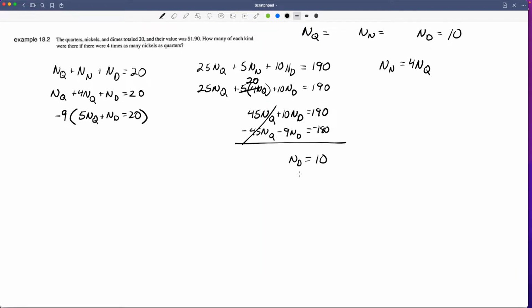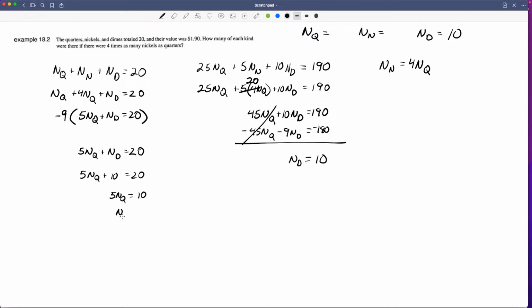So now I'm going to see if I can substitute that in for one of these statements that I made right here. I have 5 times the number of quarters plus the number of dimes is equal to 20. Well, if there are 10 dimes, then 5 times the number of quarters plus 10 is equal to 20. When I subtract 10 from both sides, I get 5 times the number of quarters is equal to 10.